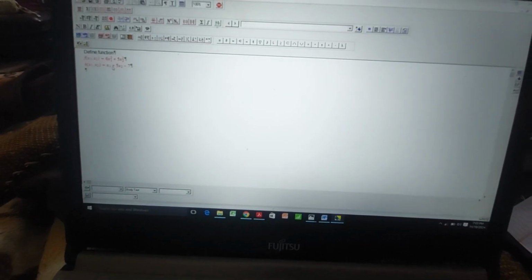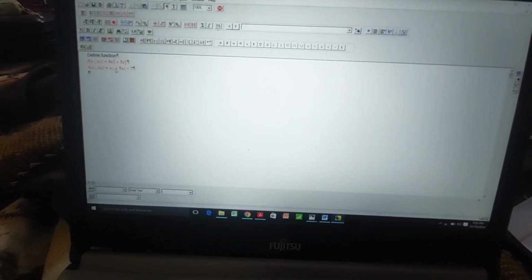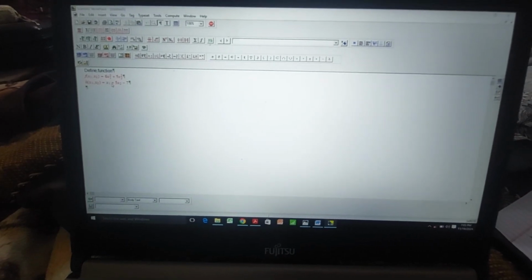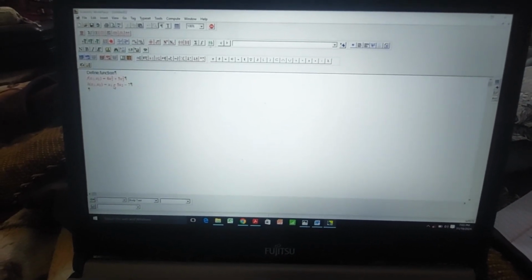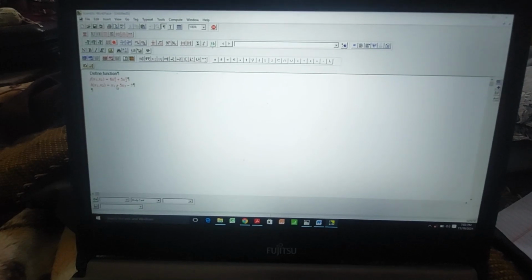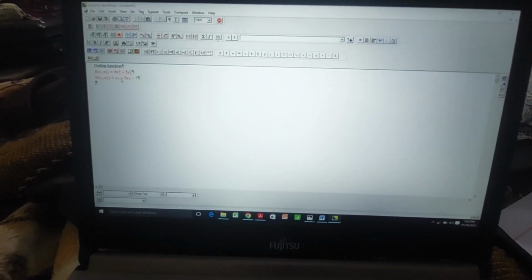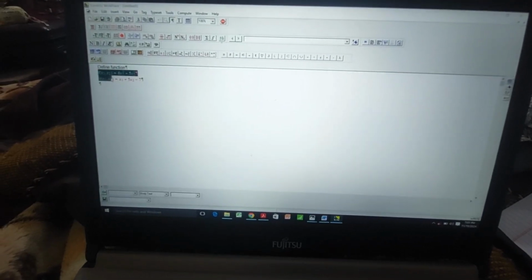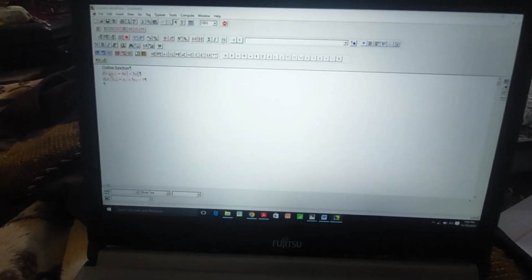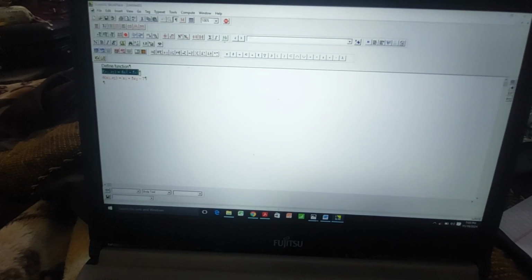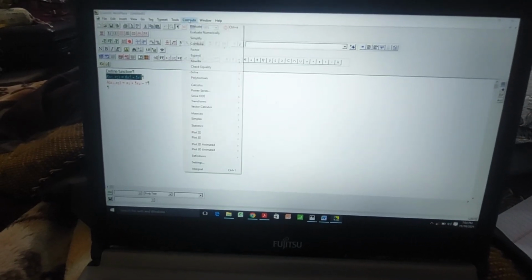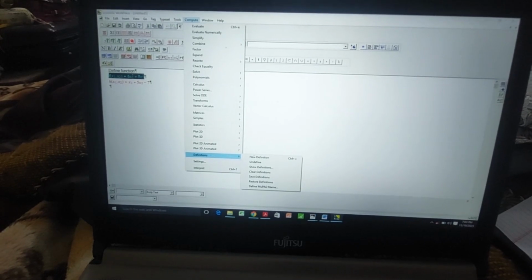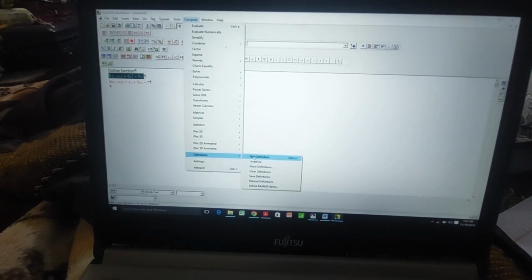Now what I need to do is introduce the lambda, and also write it into the Lagrangian form L. So let's make the definition. Go to Compute, go to Definition, and say New Definition.